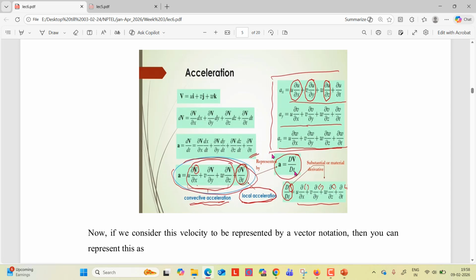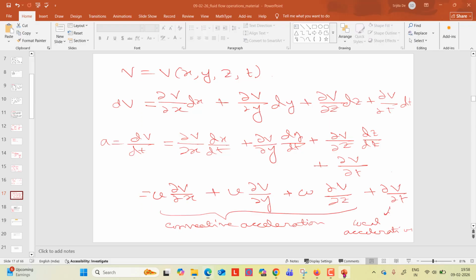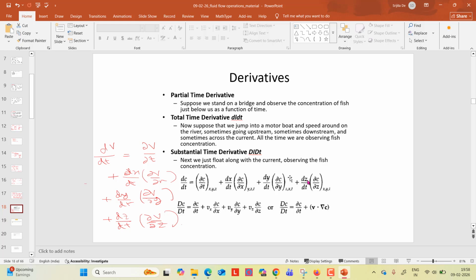Now this A is represented by this, right? So this is your total derivative.